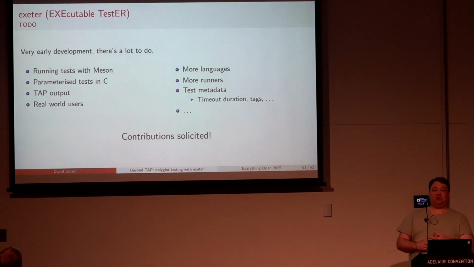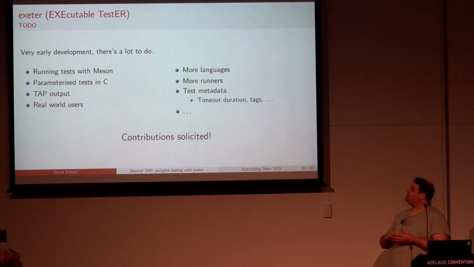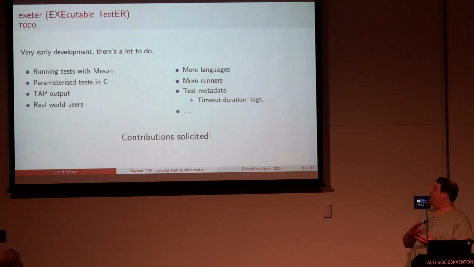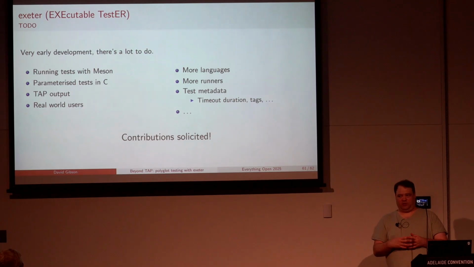It'd be nice to have some real-world users. This was done in order to test the passt project, my main project, and I've started, but we haven't really got there yet. More languages, more runners, and some kind of test metadata, in particular telling the runner how long its timeout should be before you just kill the thing off, would be nice to have.